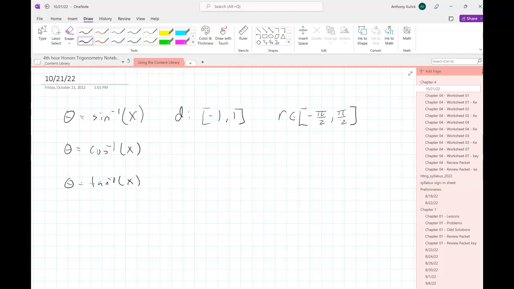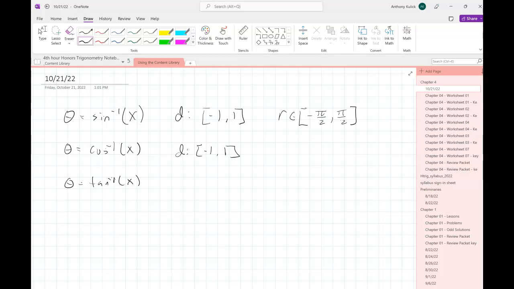That's the way your calculator is going to work. Those are the only angles your calculator is going to be able to give you. The question is, is that going to be the angle we want in every context? It's not always going to be the angle we want. We'll show you how to recognize that and how to work around it.